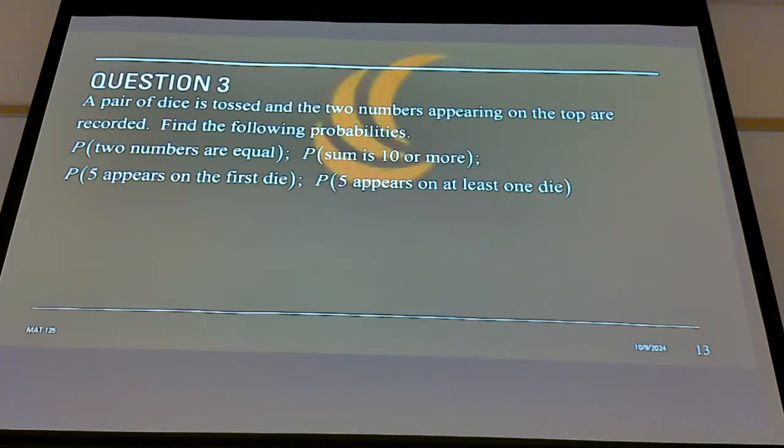Find the probability that the two numbers are equal. So how many ways can the two numbers be equal? 6. 6 ways, right?